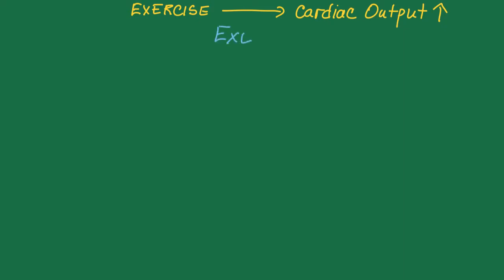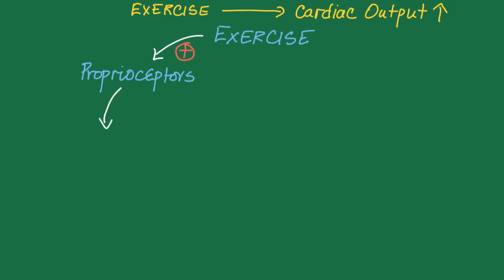When you exercise, your joints and muscles become aware that there has been some kind of movement. This movement is actually picked up by very specific receptors called proprioceptors. The proprioceptors pick up your activity and they become stimulated, and they in turn activate the medulla oblongata.